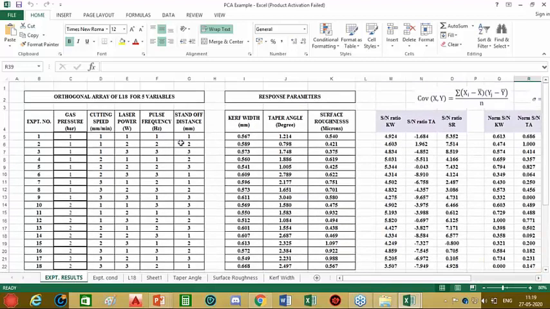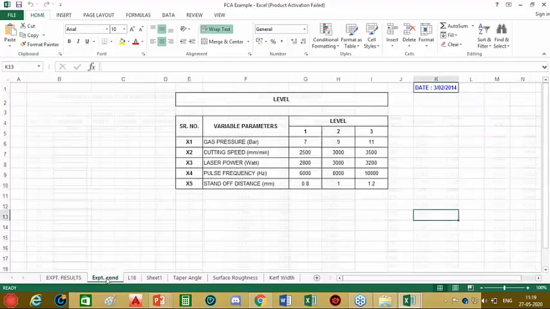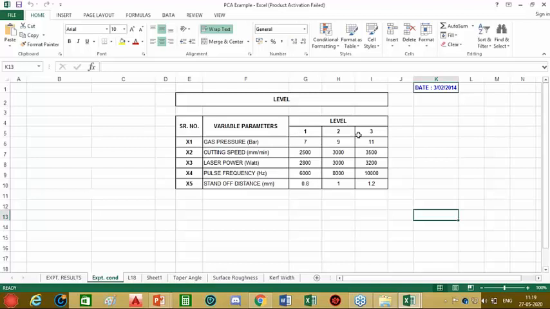For this process, let us consider 5 parameters, and every parameter is considered at 3 levels each. Gas pressure varies from 7 to 11 bar. These are the parameters for the laser beam machining process. So we have to optimize the laser beam machining process by considering these 5 variables.